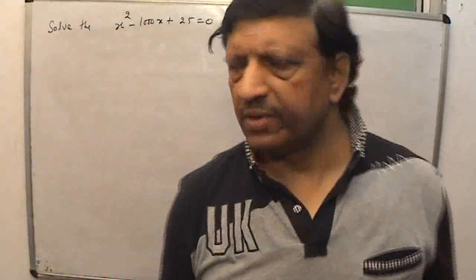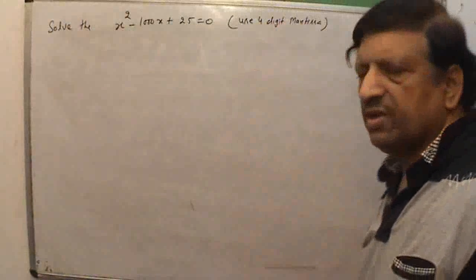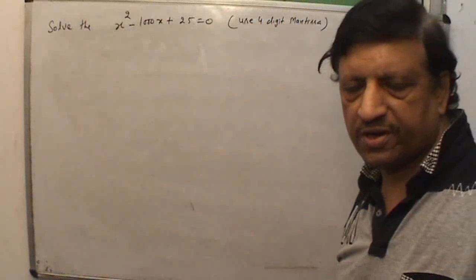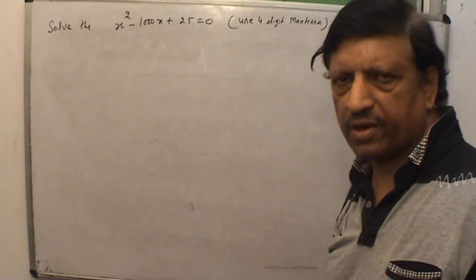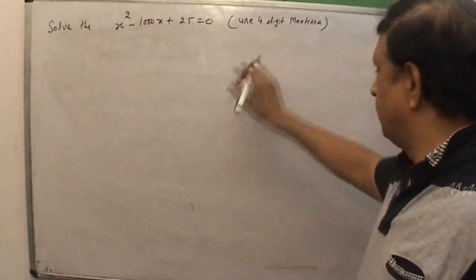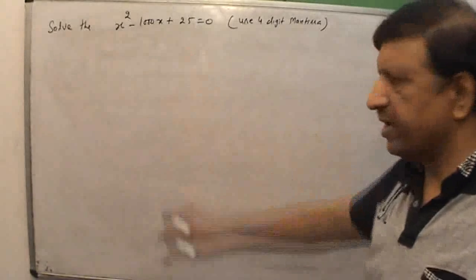Remember, 4-digit Mantissa means, again, that system which we studied, the 8 decimal point floating representation. It is a simple quadratic equation.